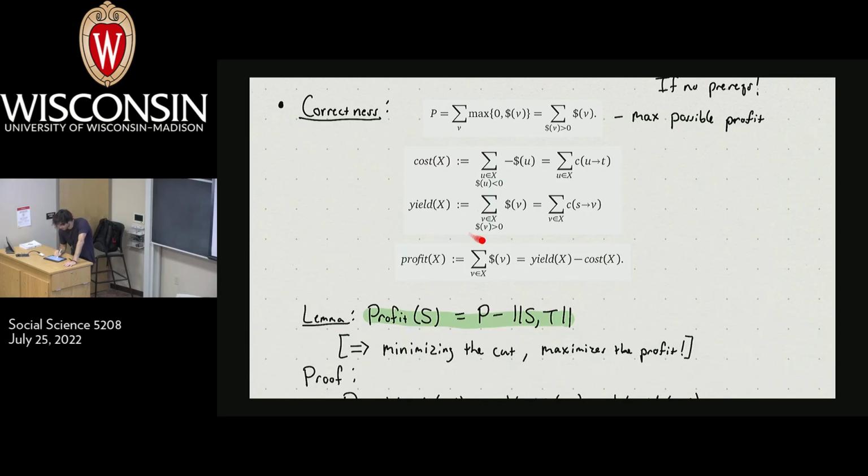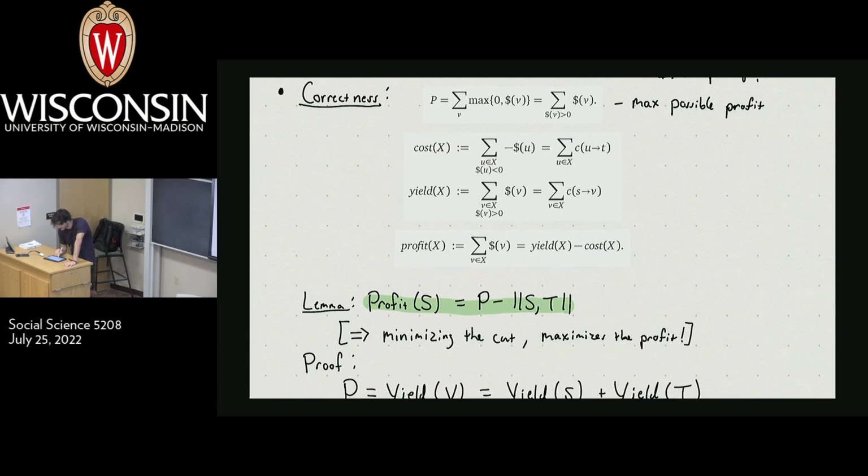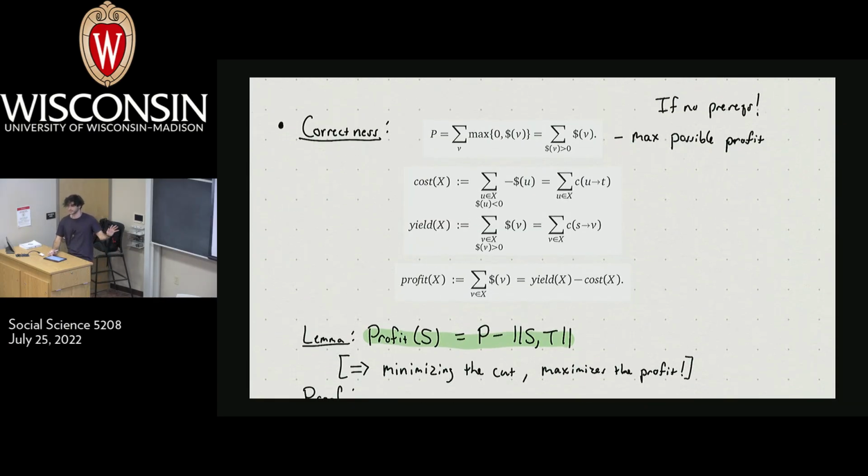This is all the positive profits, which is the sum over all items in X of the capacity from S to V. And then finally, the profit of a set X is the yield of X minus the cost of X. So it's how much all the positive profits we get minus all the negative profits we get. This is just a way to convert back, because we took negative profits and made them positive to make them capacities. So this way it just converts it back. It adds the negative back. Okay, so any questions on these definitions?